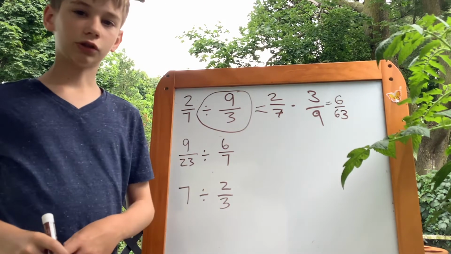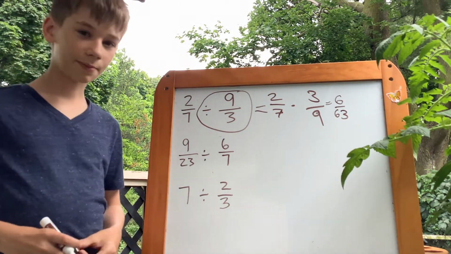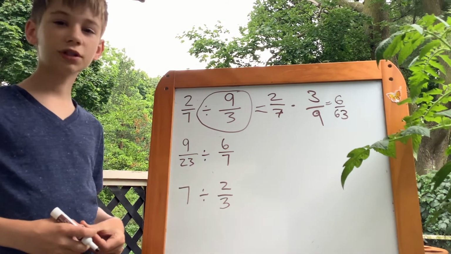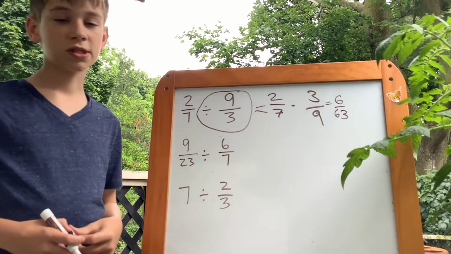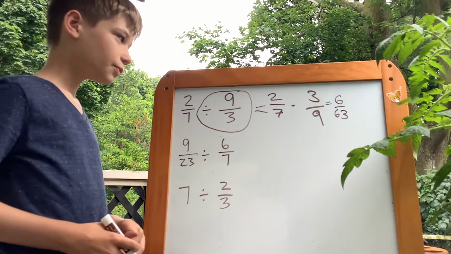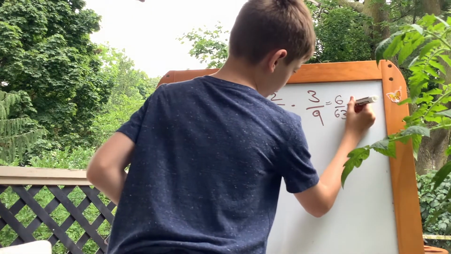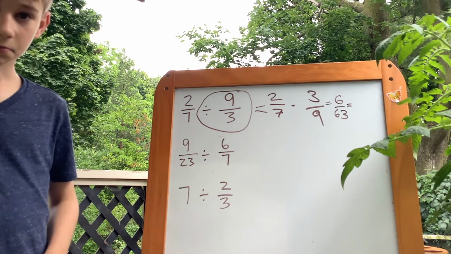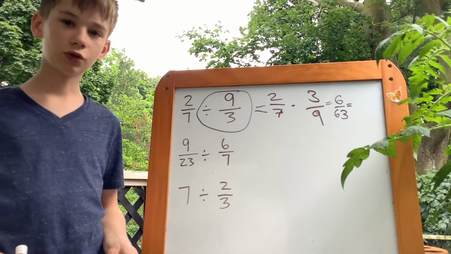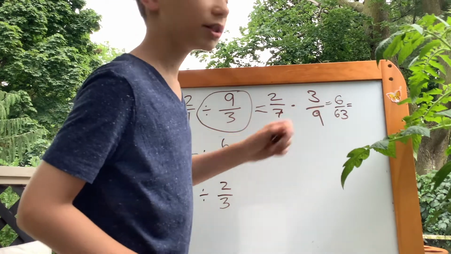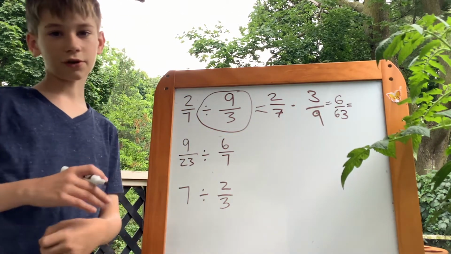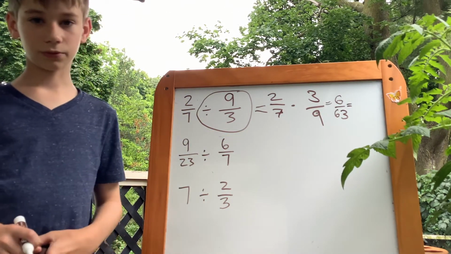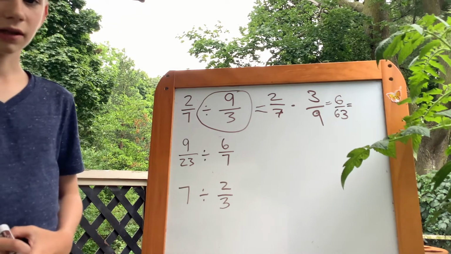The reason I chose this example is because it helps you with reducing your fractions with your divisibility rules. So let's try to reduce. Does 2 work? Well, we know that it doesn't, because using the divisibility rule of 2, we know that 63 is not divisible by 2, so we know that the fraction is not reducible by 2. So now let's try 3.